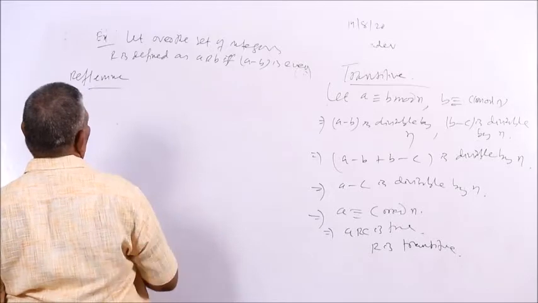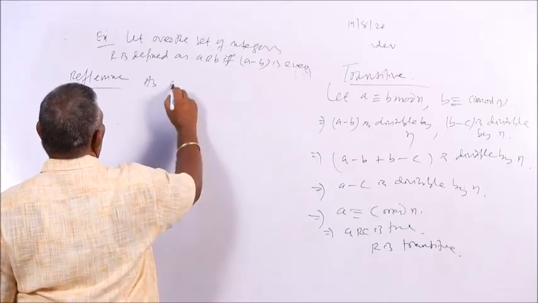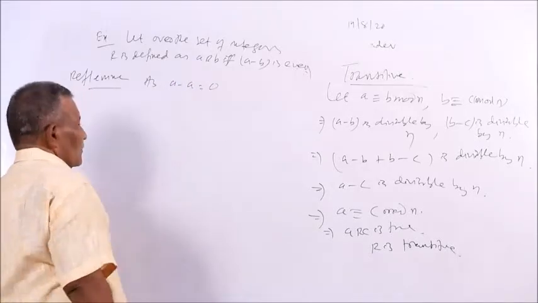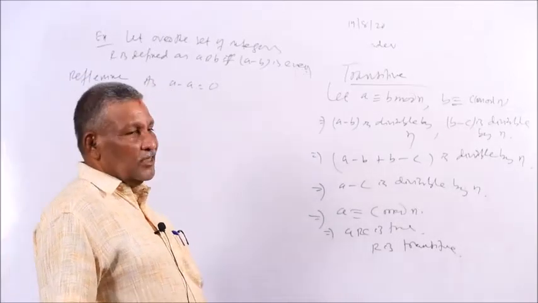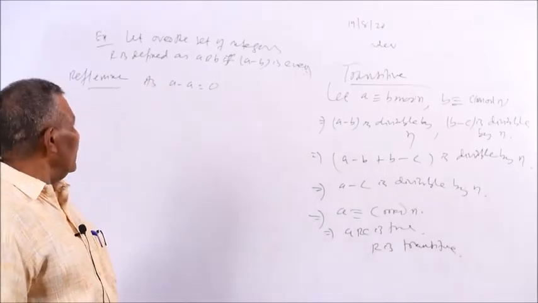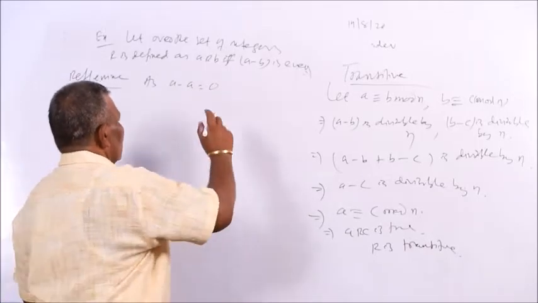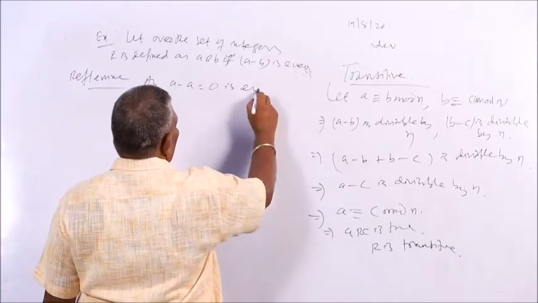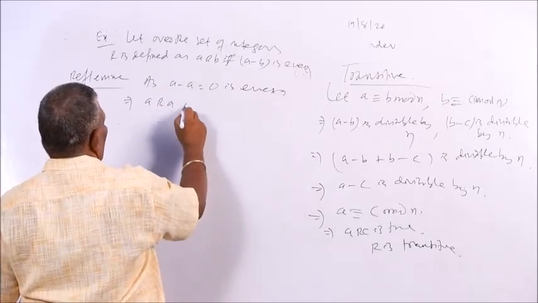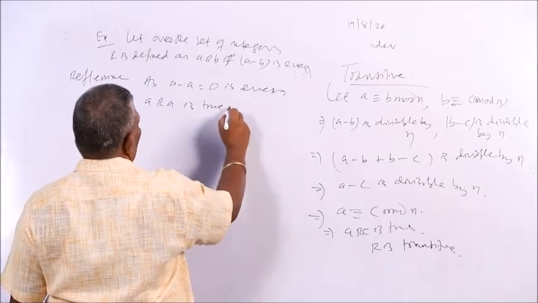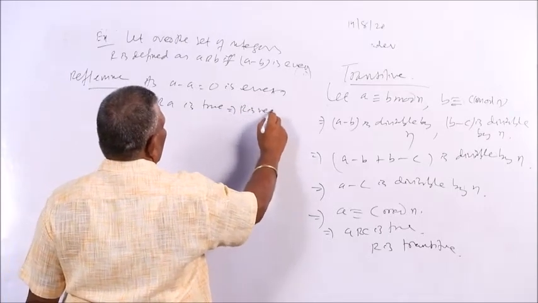Reflexive: a minus a equal to 0. My point is whether 0 is even or odd. 0 is divisible by any number, 0 is divisible by 2, therefore 0 is always even. That implies a R a is true, implies R is reflexive.